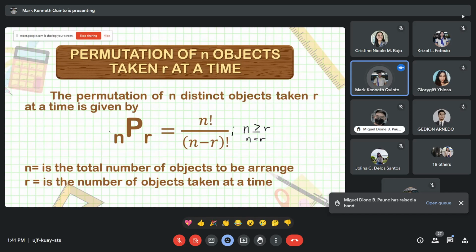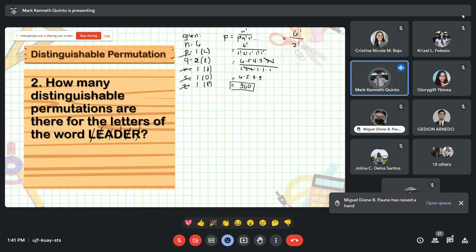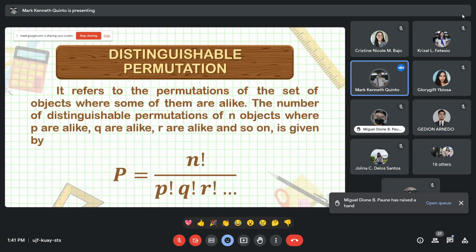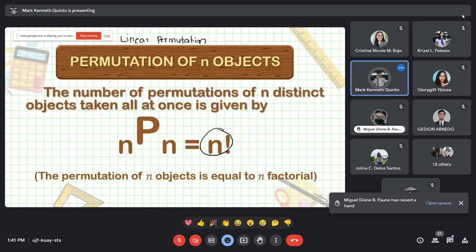Basically, under lang din siya ng tinatawag natin na linear permutation. Kasi 'di ba, kung yung n is equal to r, therefore ang formula na gagamitin natin is same lang din, which is the permutation of n objects taken n at a time is equal to n factorial.